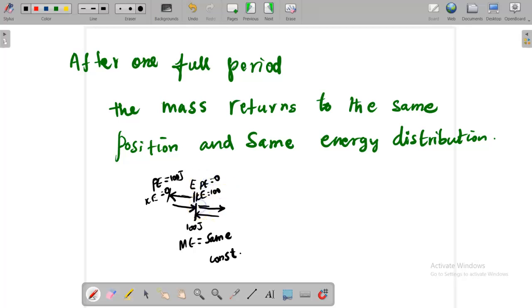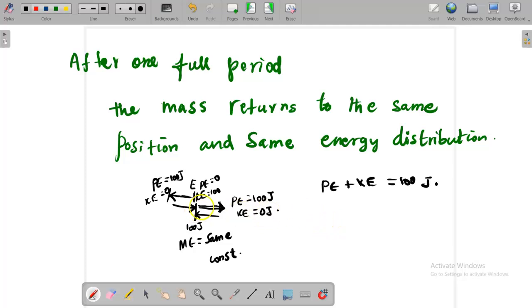And when it moves away from the equilibrium and reaches the highest displacement, potential energy will again be 100 joules, kinetic energy will be 0 joules. So whenever you add potential energy plus kinetic energy, the answer must be 100 joules at any point.